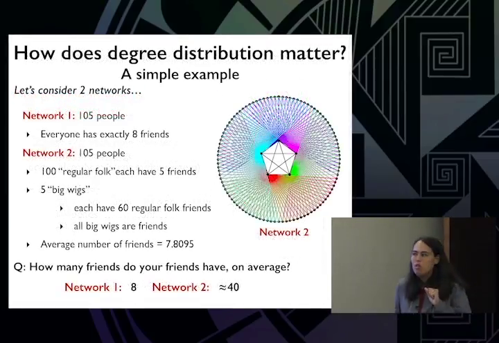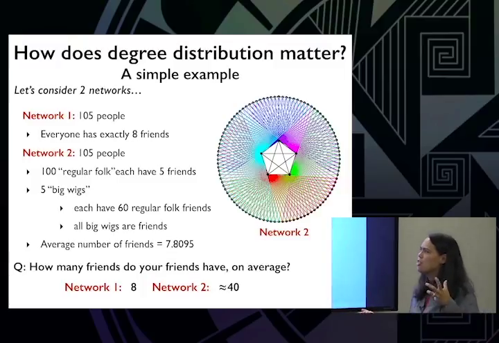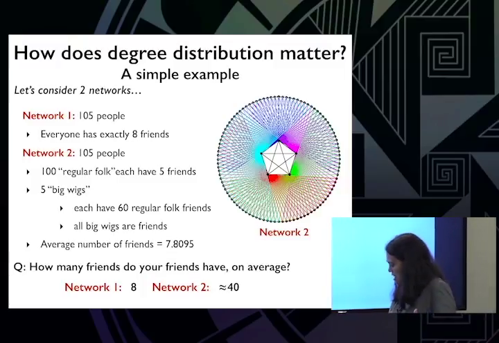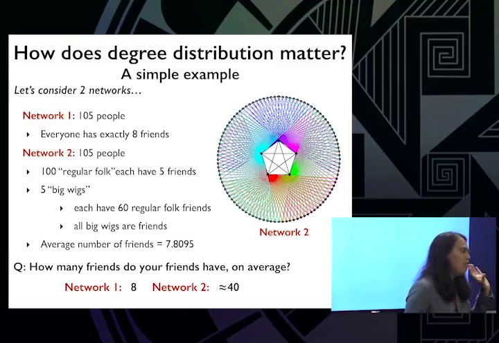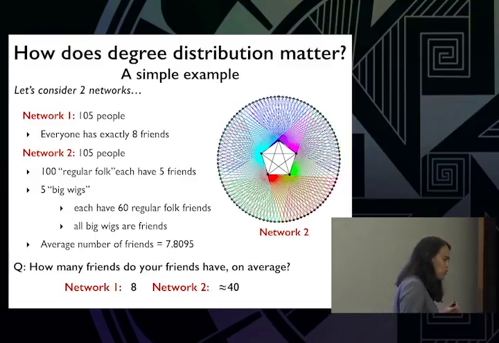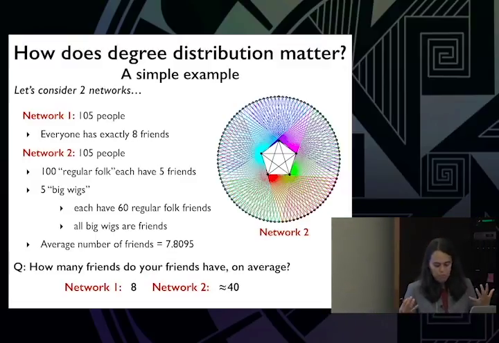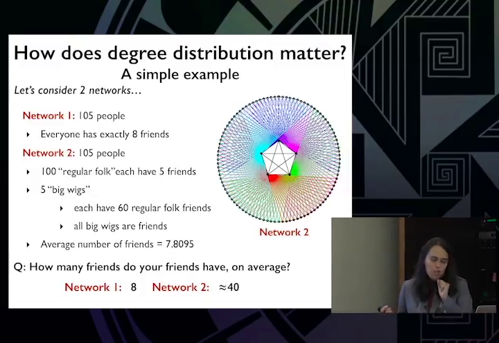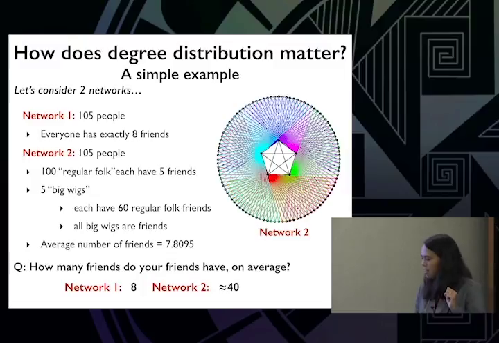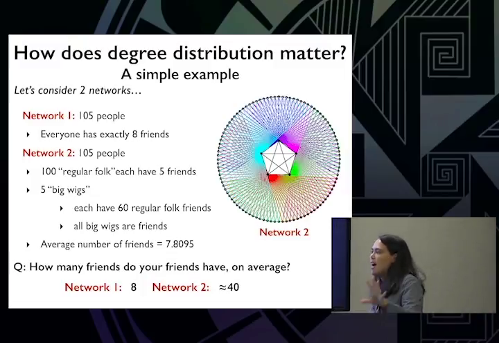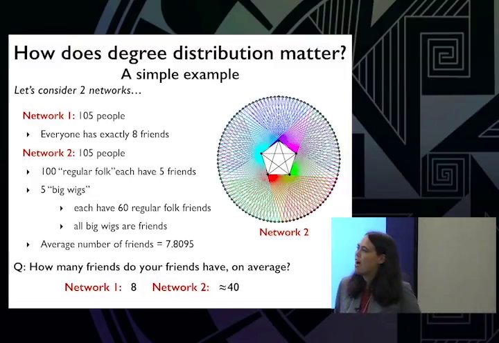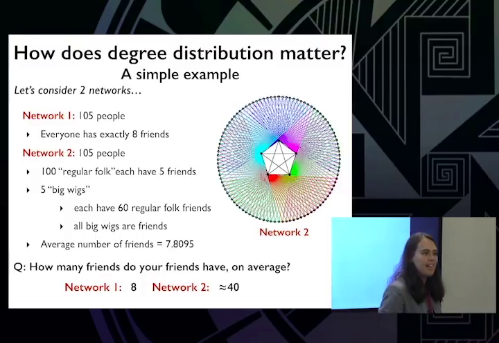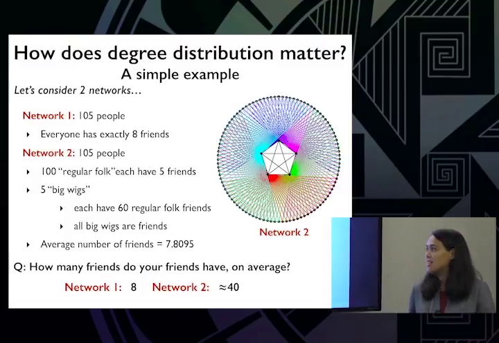Okay. How do these degree distributions matter? Let's think about a really simple example, showing how the mathematics behind networks can be important. I'm going to consider 2 networks. First, network 1 has 105 people, and everyone has exactly 8 friends.